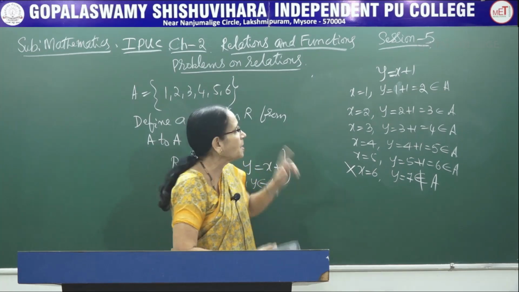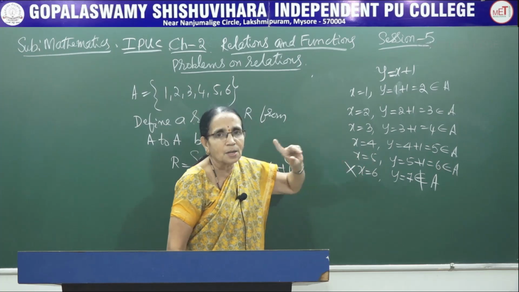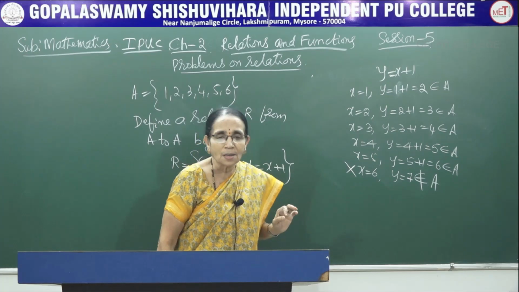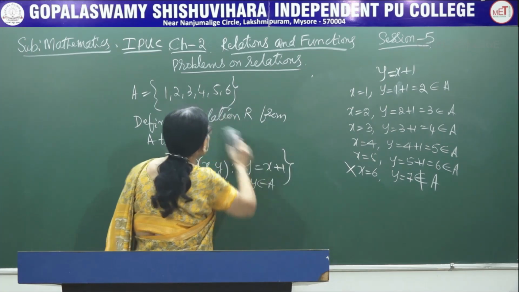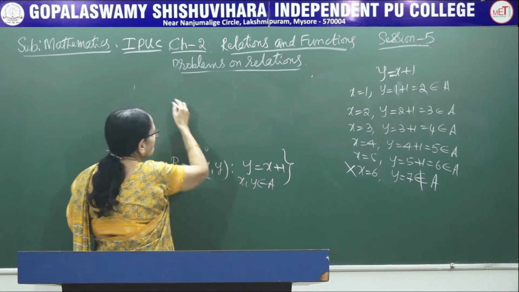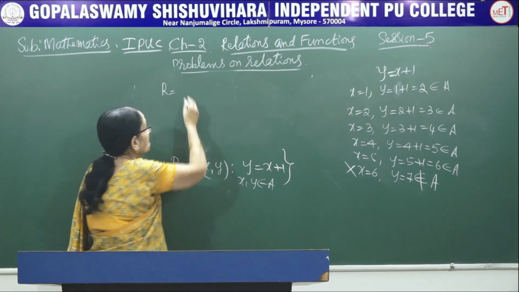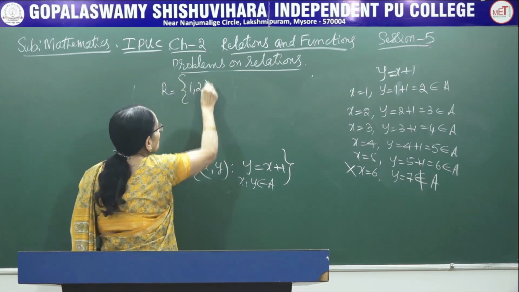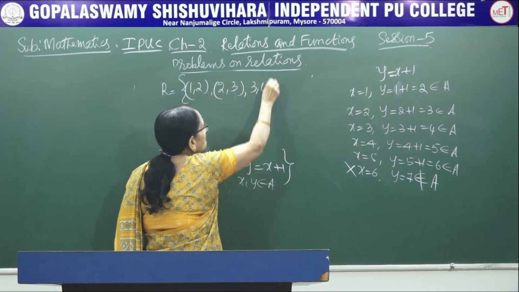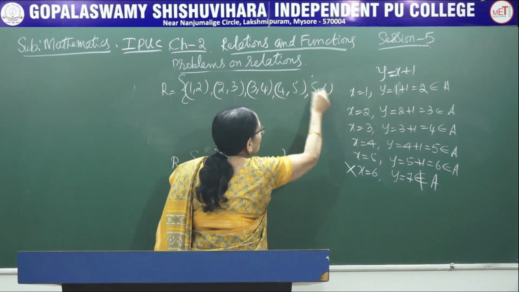What do you mean by that? You can give the values for x as 1, 2, 3, 4, 5. What are the values you are getting for y? 2, 3, 4, 5, 6. So if you write these elements in the roster form, then automatically you can write the arrow diagram here. Now this is the set builder form or the rule method here, so I am writing the actual elements: 1 comma 2, 2 comma 3, 3 comma 4, 4 comma 5 and 5 comma 6.